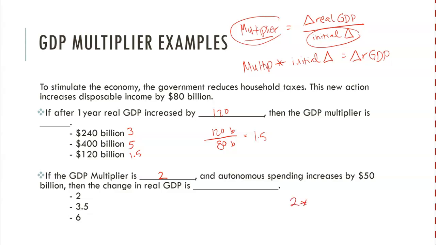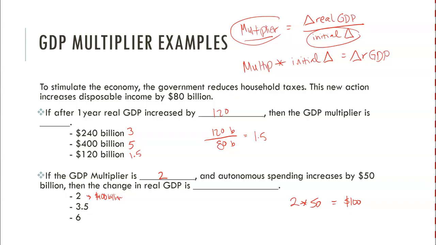So 2 times 50 equals 100 billion. If we have a multiplier of 2 and an increase of $50 billion, then that is going to give us a change in real GDP of 100 billion.